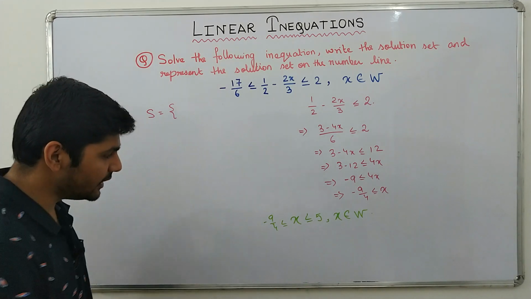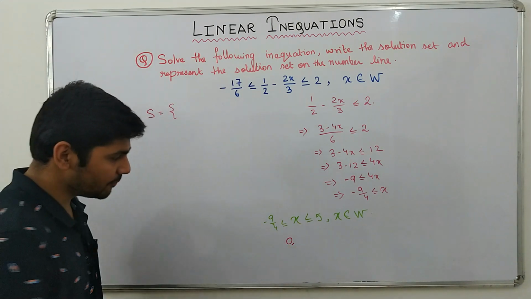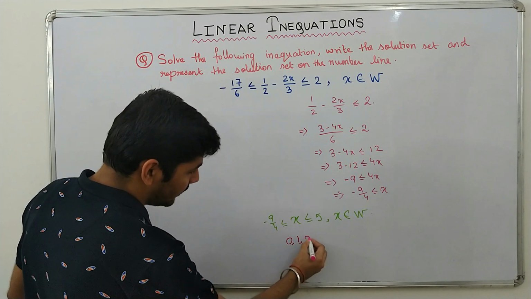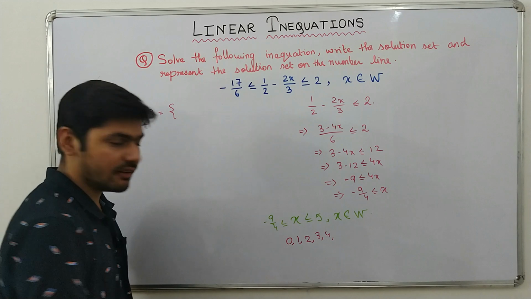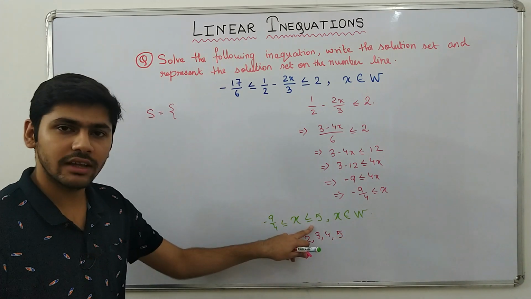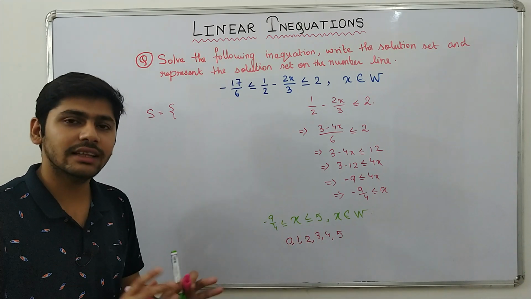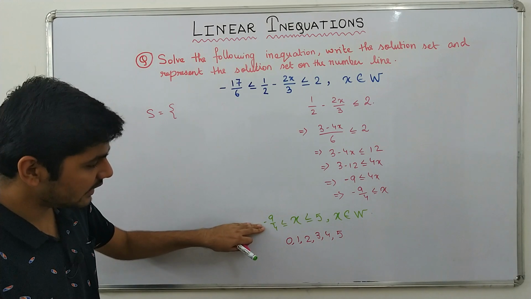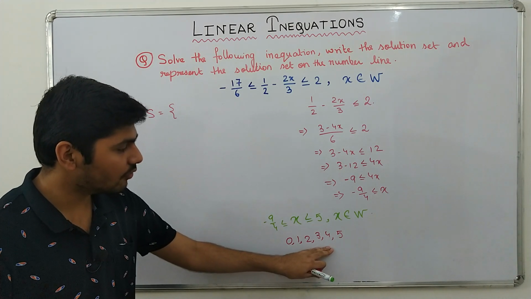The whole numbers will be 0 because 0 lies in this interval, then 1, then 2, then 3, then 4, and finally we will have 5 because we have an equality sign over here also. This is less than equal to. So the whole numbers that satisfy this particular condition are 0, 1, 2, 3, 4, 5.